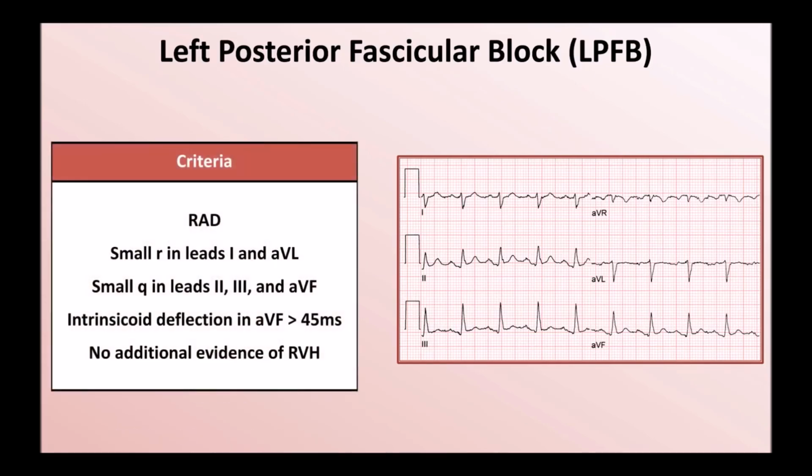There should be right axis deviation, small R wave in leads 1 and AVL, small Q in 2, 3, and AVF, and intrinsicoid deflection in AVF greater than 45 milliseconds. Because all of these findings can also be caused by RVH, there should be no additional evidence of this diagnosis, including a tall R wave in V1 or right atrial enlargement.